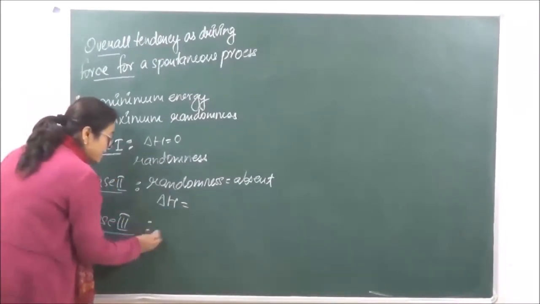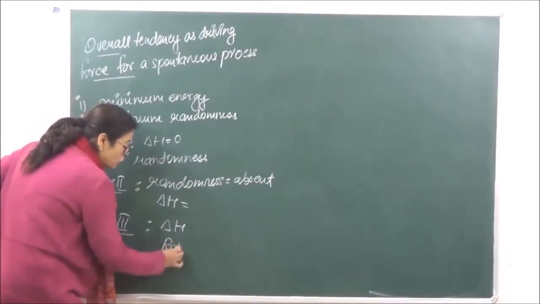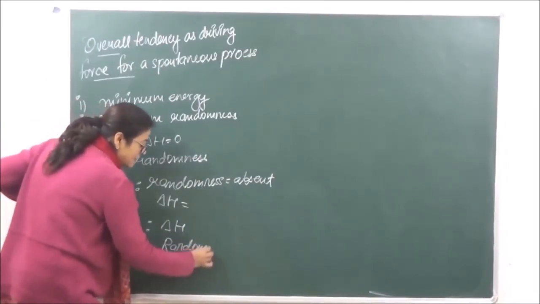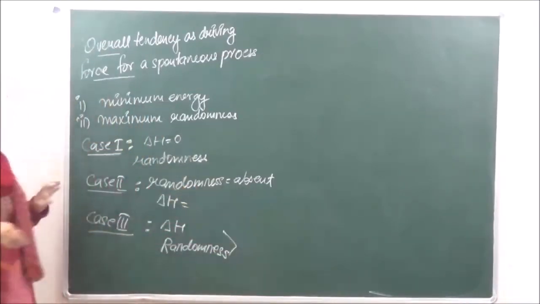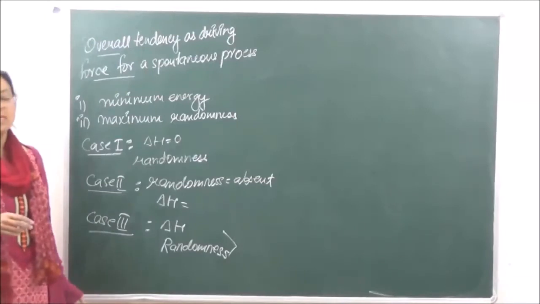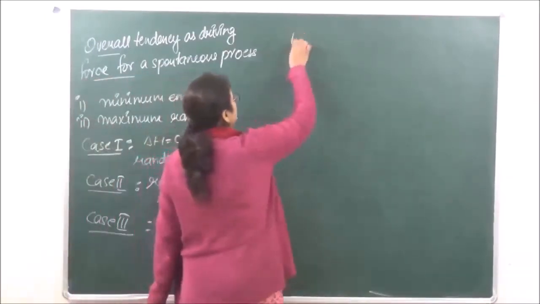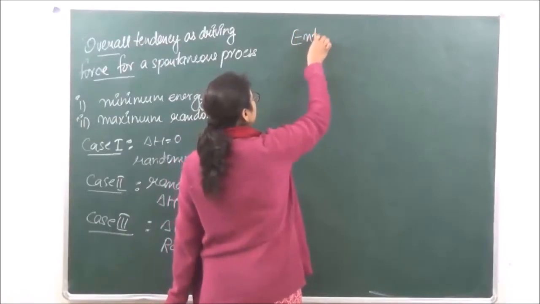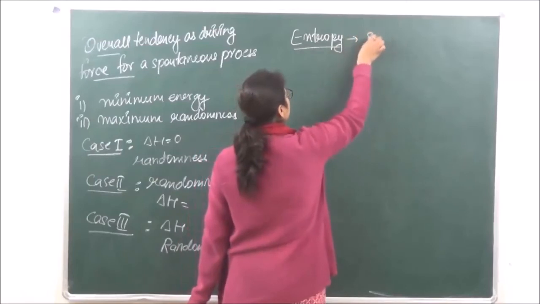We are taking delta H and we are also taking randomness. Both have to be taken. The magnitude of both is going to decide the spontaneity of a reaction. As I just told you, we come to another term which is known as entropy.